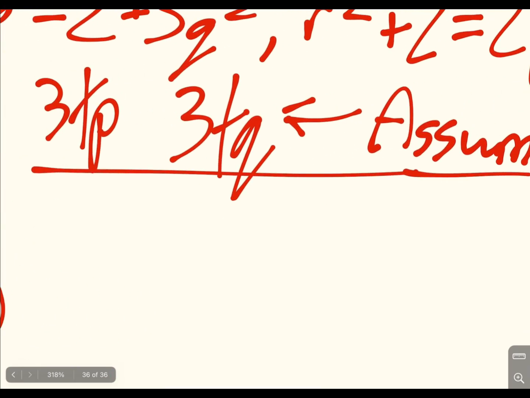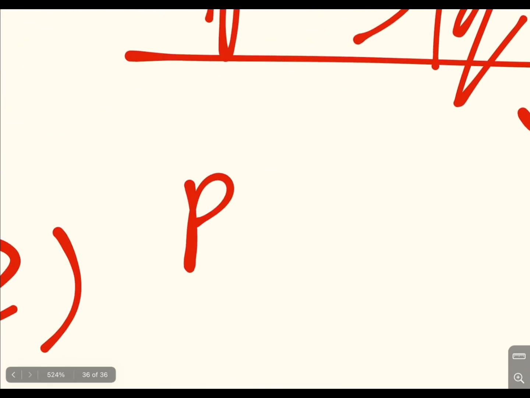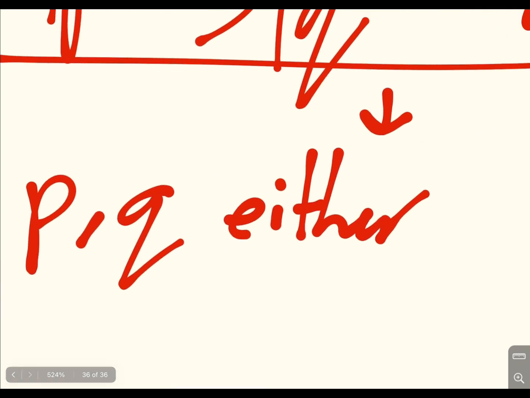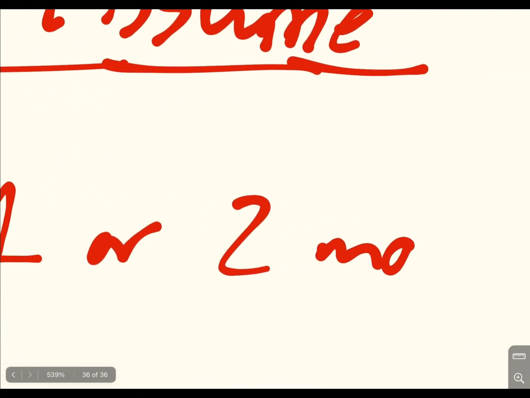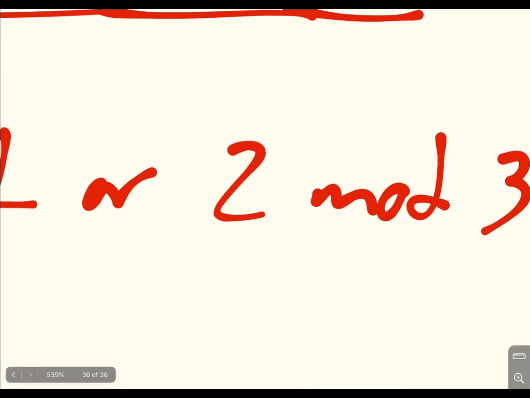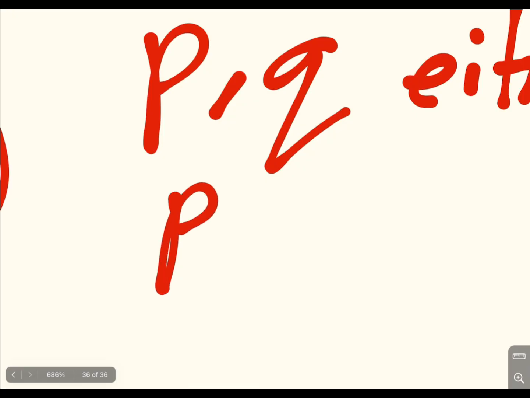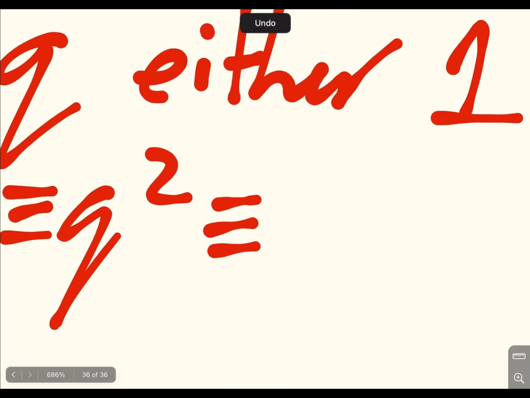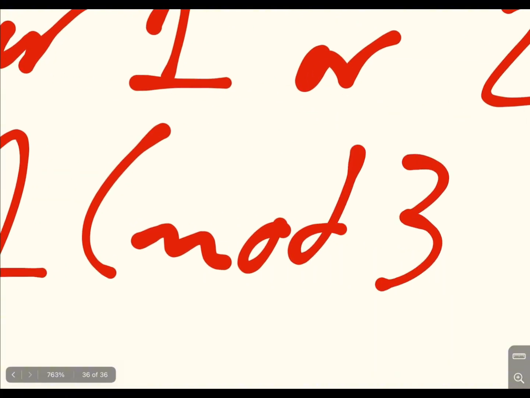Now, this means that p and q are either 1 or 2 mod 3. Then this means that p squared is equal to q squared is equal to 1 mod 3.